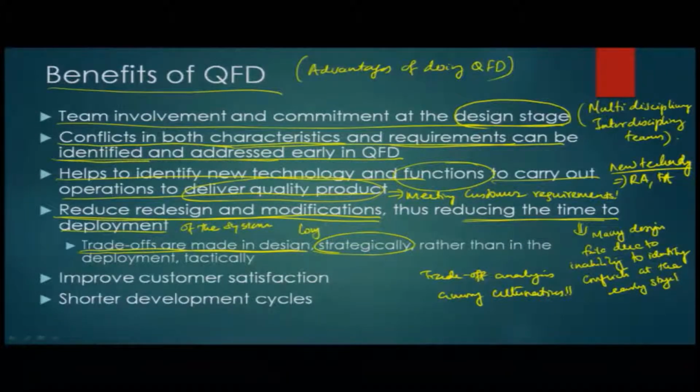These are the long-term vision, rather than at the time of deployment. If you deploy the system and say, oh, there's a problem, now we need to make a trade-off, such ones are called tactical, because these are short-term vision. So QFD allows you to make strategic trade-offs rather than tactical trade-offs, made at the time of design itself rather than at the time of deployment.